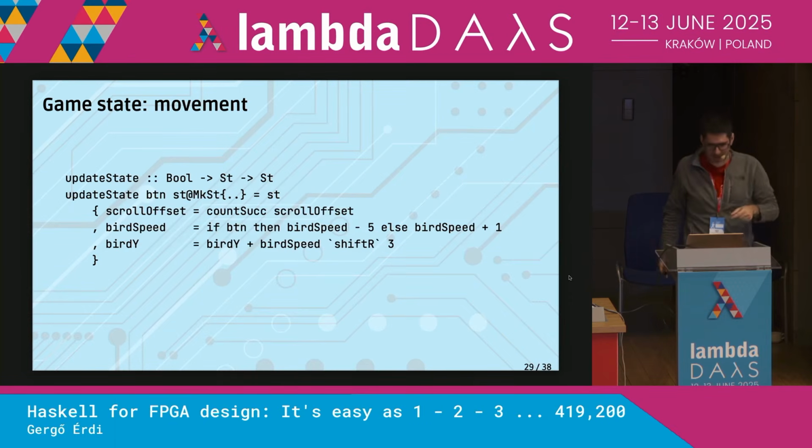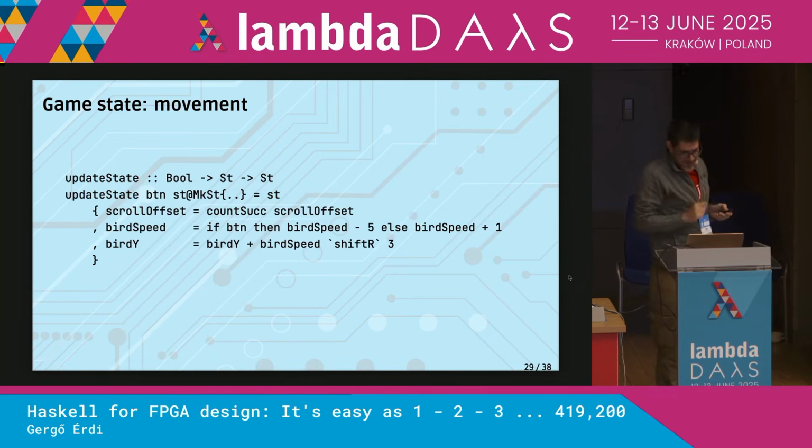And we use this trick here where the speed is shifted to the right by 3 so that we can have sub-pixel speeds, because otherwise even the smallest speed you can represent is 1 pixel per frame, and that's actually quite a lot. If you try to do anything more, it's just going to go off the screen very fast. So we want sub-pixel resolution for the speed.